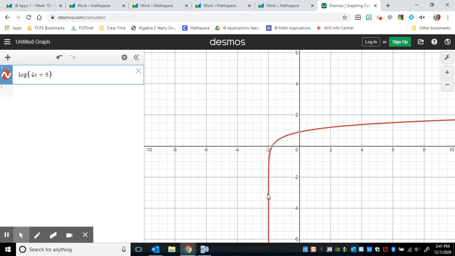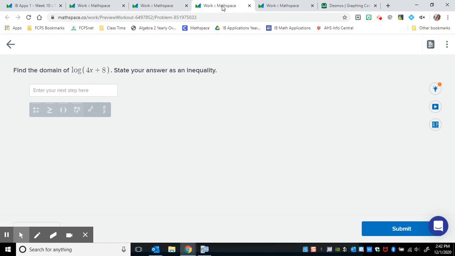And that's important because my domain depends on that and the direction of the graph. So in this case, since I'm going to the right of -2, I could say that my domain is x is greater than -2, never including the asymptote there.